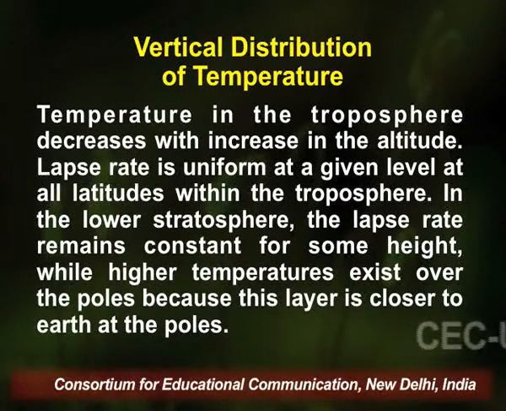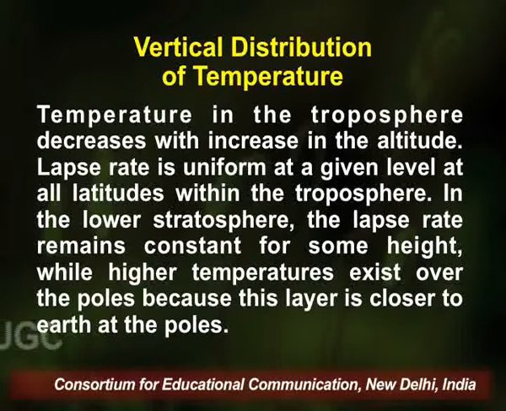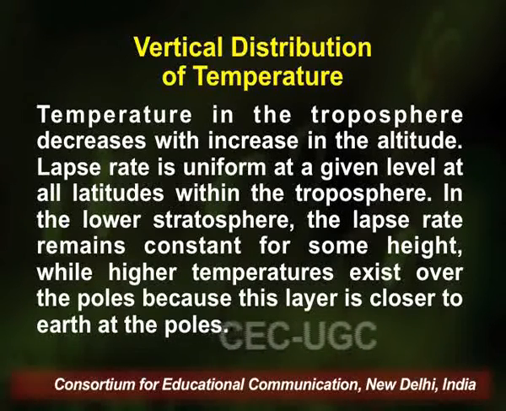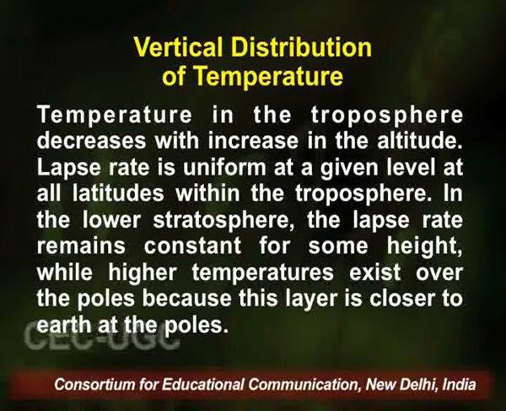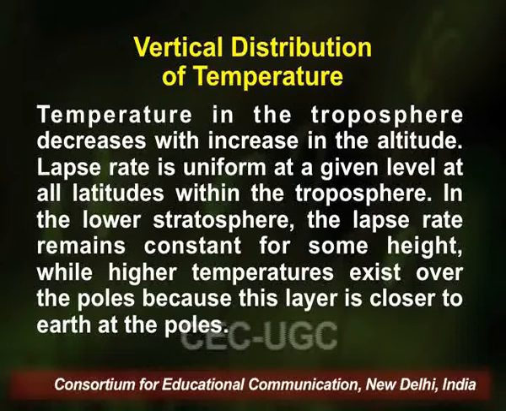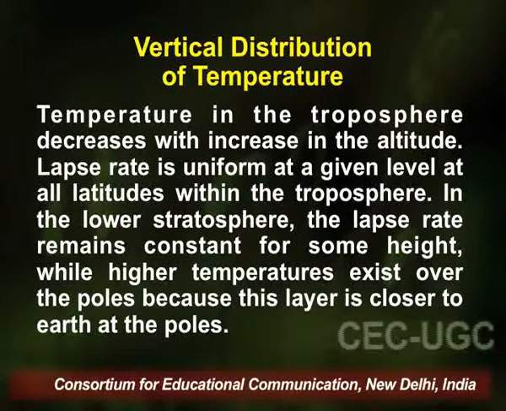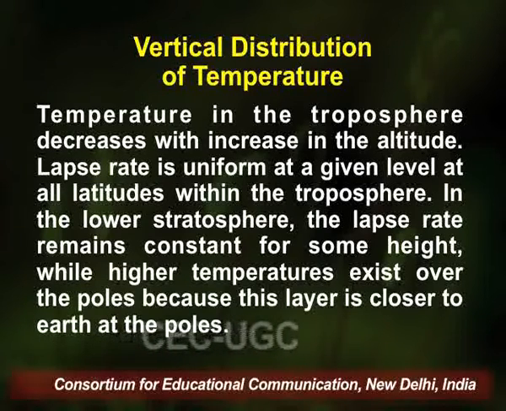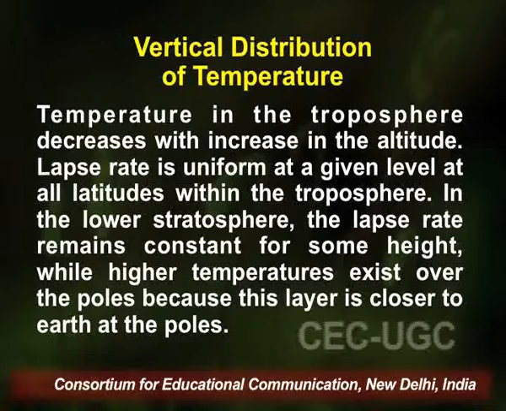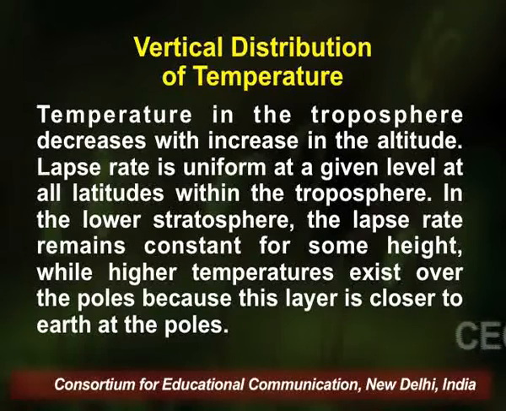Now let's move on to the vertical distribution of temperature. Temperature in the troposphere decreases with the increase in the altitude. Lapse rate is uniform at a given level at all latitudes within the troposphere. In the lower stratosphere, the lapse rate remains constant for some height, while higher temperature exists over the poles because this layer is closer to Earth at the poles.